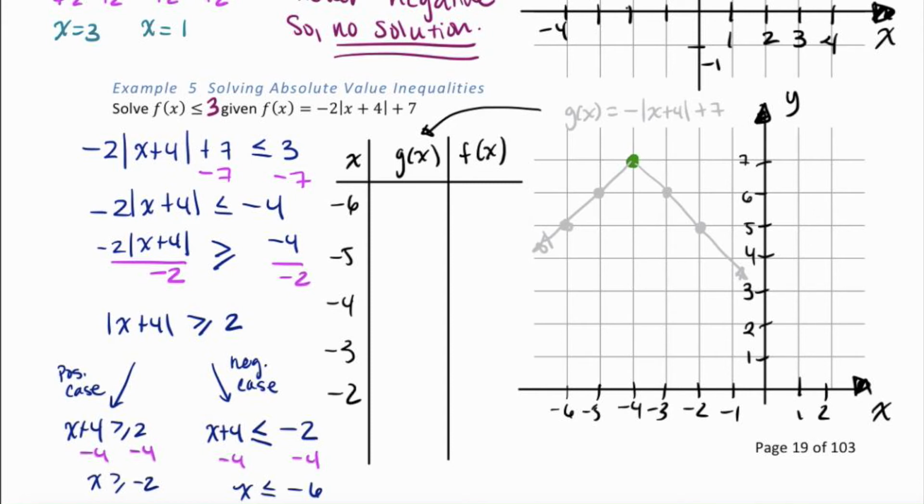So we know that g of x has the following points. So at -6, we have 5. At -5, we have 6. At -4, we have our vertex, which is -4, 7. And then we have -3, 6, and -2, 5.